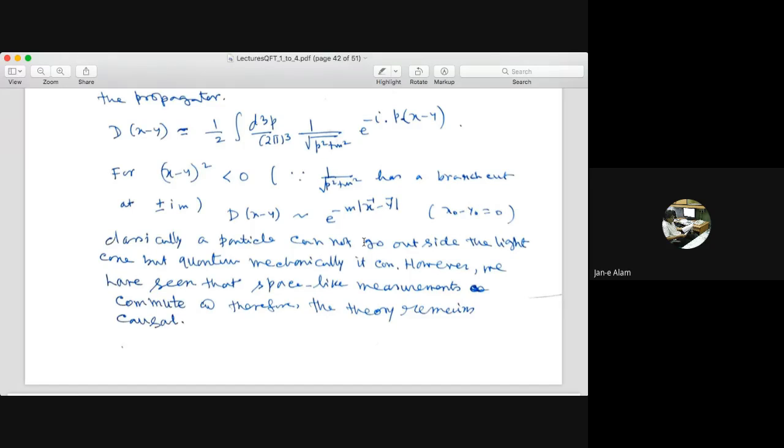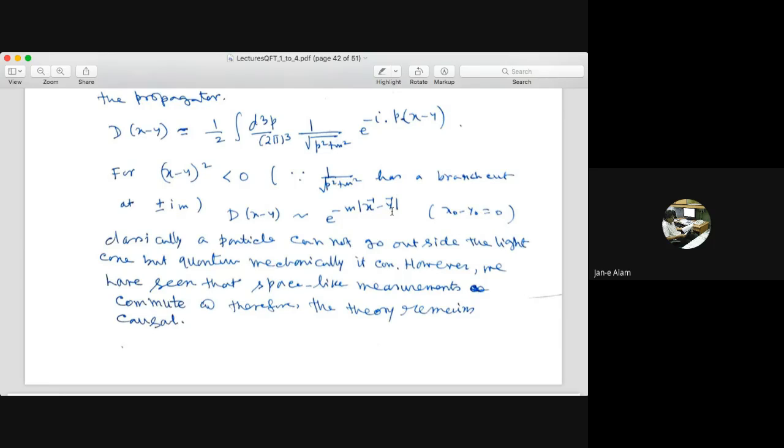So classically, a particle cannot go out of the light cone, because if a particle goes out of the light cone, then it needs to propagate with a velocity more than the velocity of light, which is not possible. But quantum mechanically, what can happen? It can propagate from y to x, with e to the minus m |x minus y|.